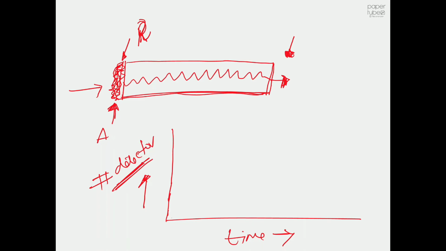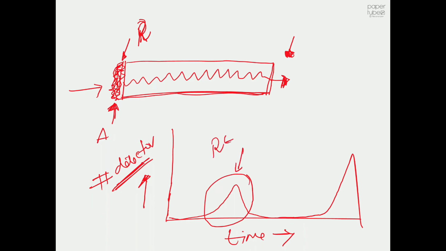Again we will get some curves like this. So what is the first curve? This will be nothing but your reference molecule, or we can call it a tracer compound.